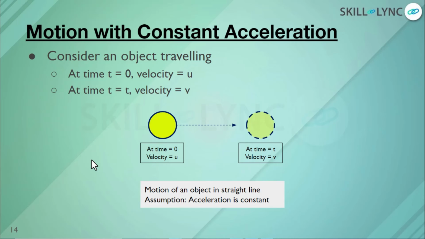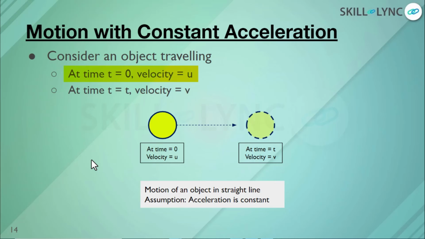Consider an object. Let the object be a ball that has been traveling in a straight line with constant acceleration. Since the ball is at rest at time t equals 0, let's consider its velocity u.